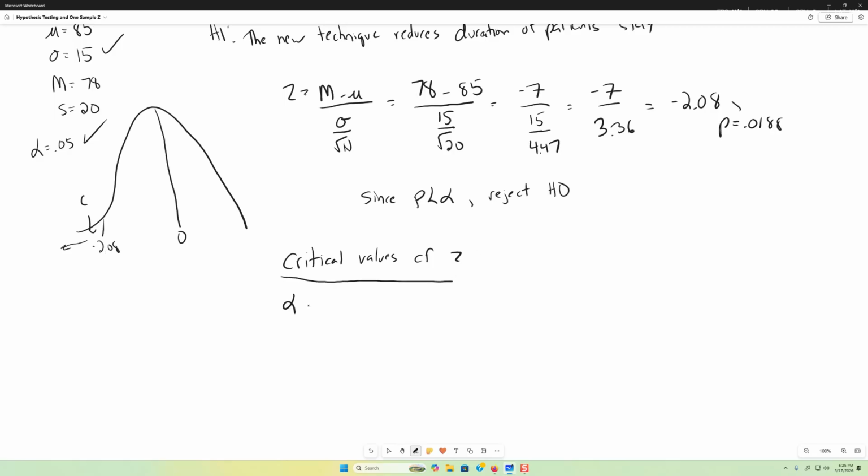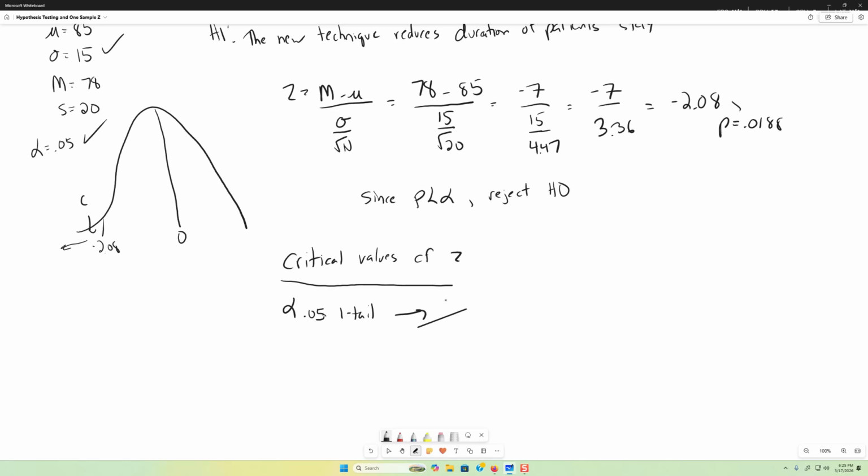When alpha is 0.05, one tail, what do we have?